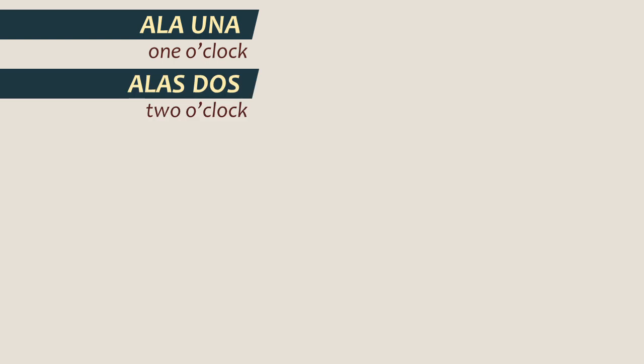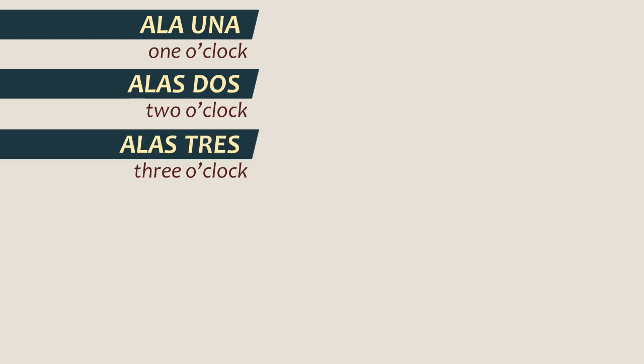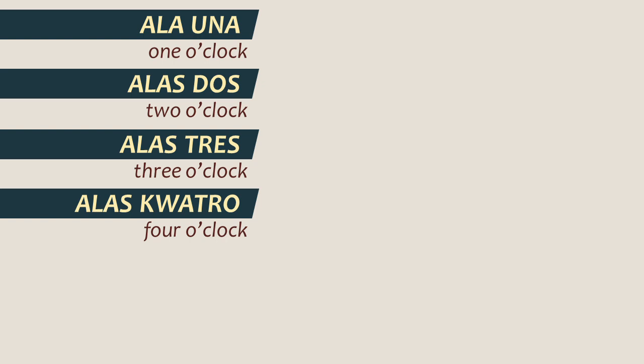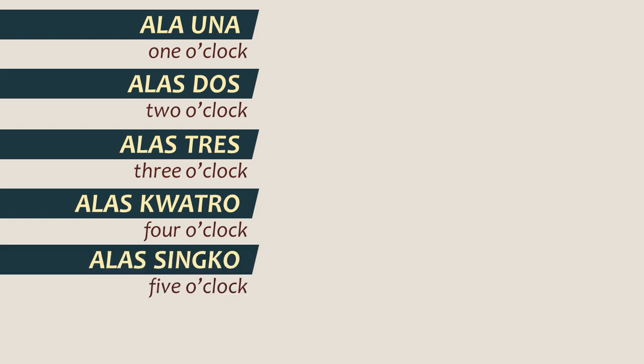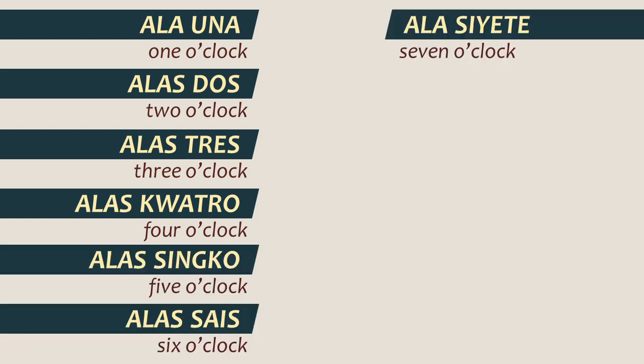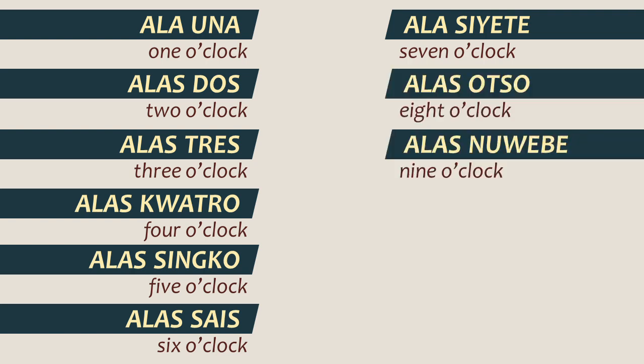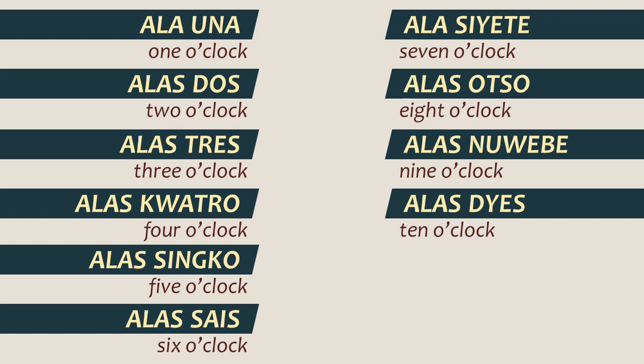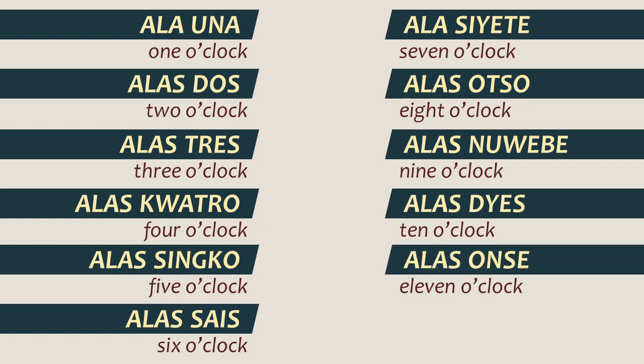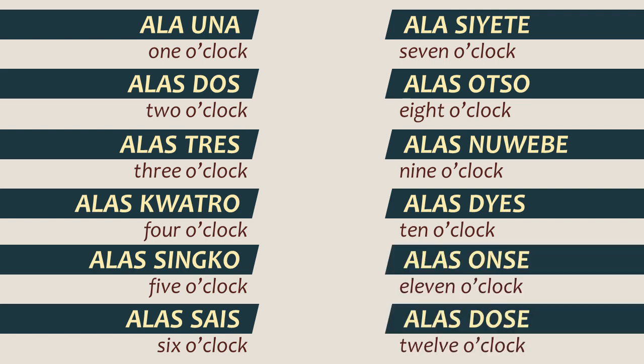So for 1 p.m., ala una. And then alas dos, alas tres, alas cuatro, alas singko, alas seis, alas siyete, alas otso, alas nuwebe, alas diyes, alas onse, and alas dose.